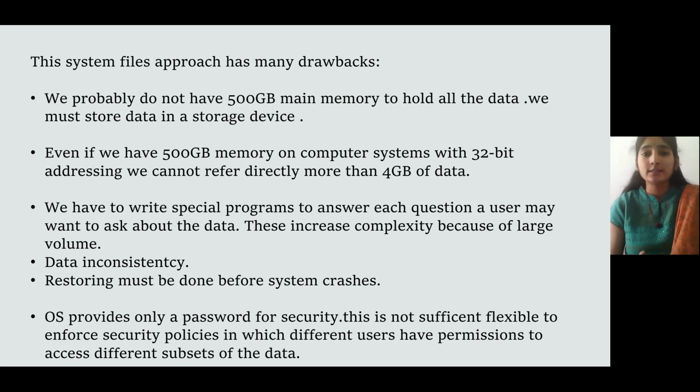Before the system crashes, we have to restore the data to some other consistent state, or else we lose all the data. For security, the operating system provides only password security. This is not enough or flexible to enforce security policies in which different users have permissions to access different subsets of data.